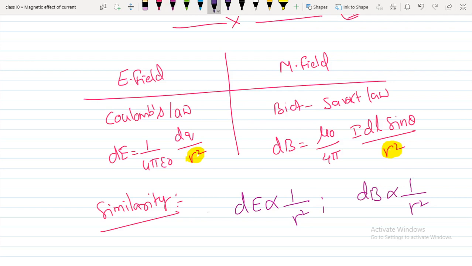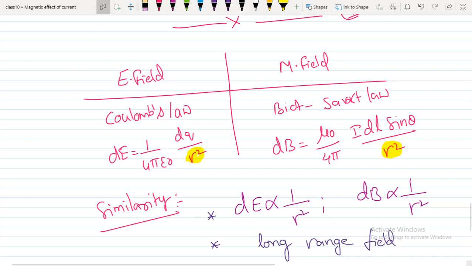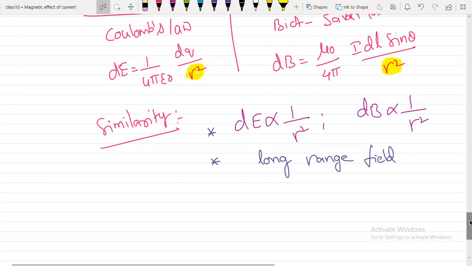The second similarity is that the magnetic field and electric field are both long range fields. Because of the inverse square law, when r increases the strength of the field decreases, but they still act over a long range.